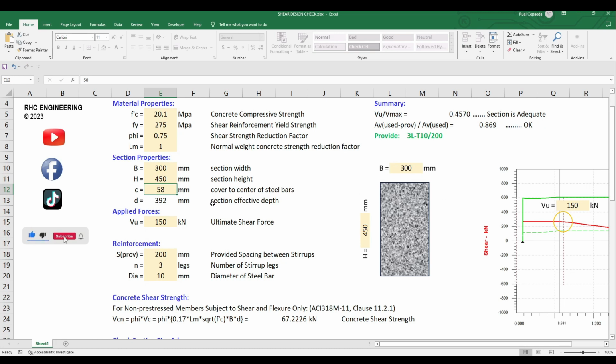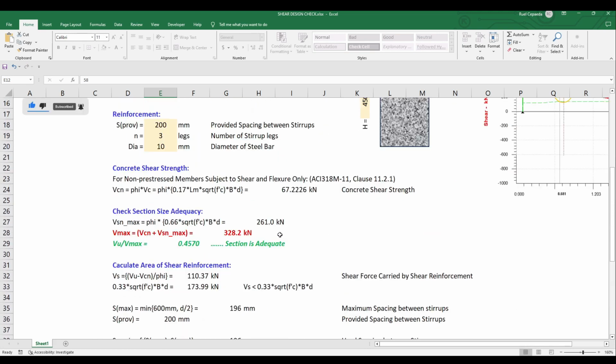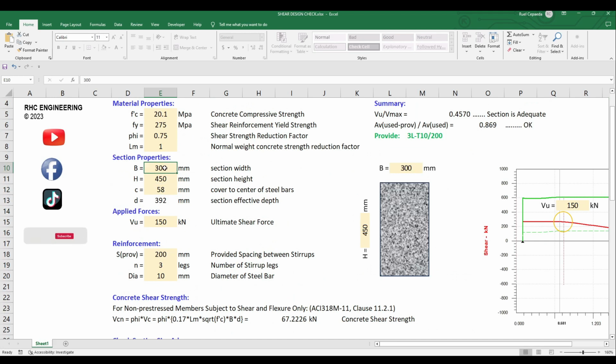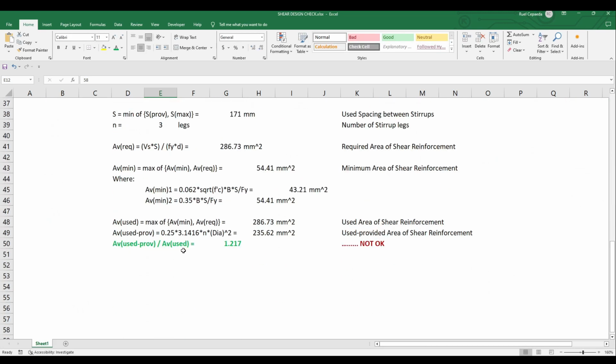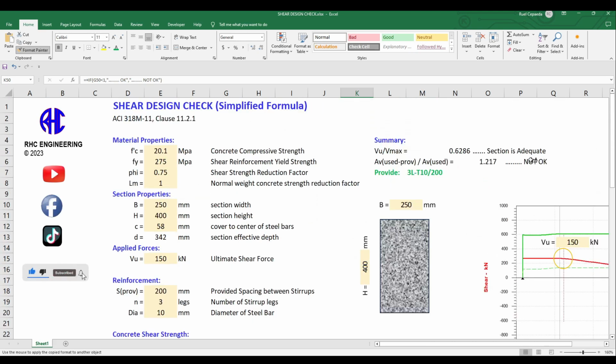Then, okay, we change it to the initial values of 250 and 400. Also, we need to copy these properties. Copy for this one. Okay.